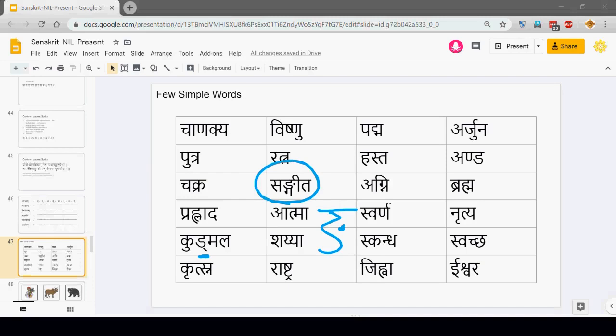If there is a dot, then the pronunciation is nga, like Sangita. Here there is no nasal sound. It is a da. So it is Kudmala. Kudmala means bud, like an opening flower.